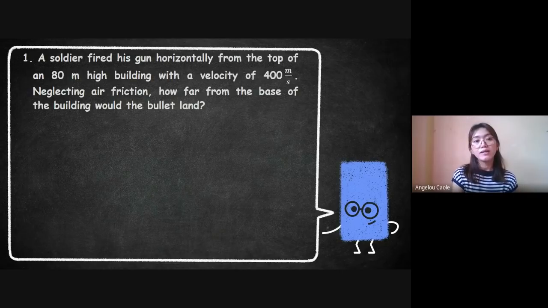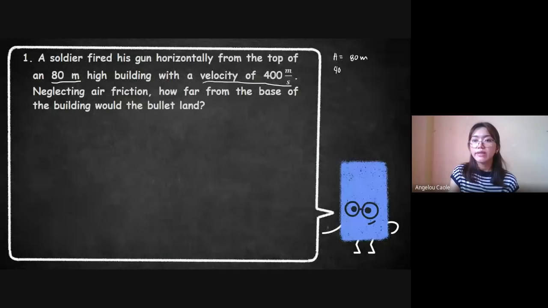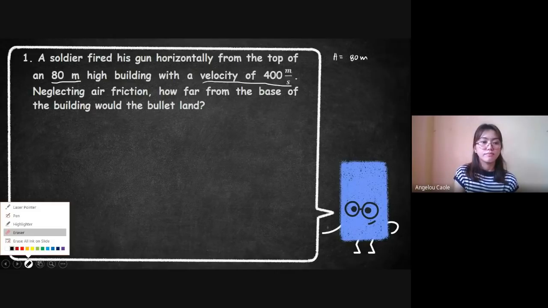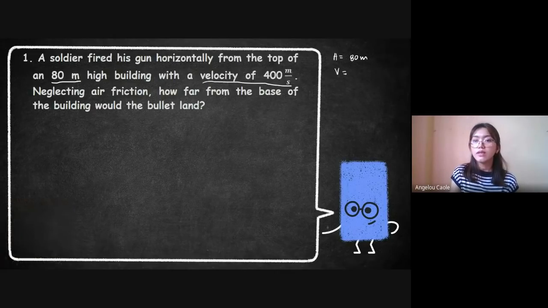As I've said a while back, always determine first the given. So we have height is equal to 80 meters. And the velocity is 400 meters per second. Okay, so we are looking for the how far, for the range, right?